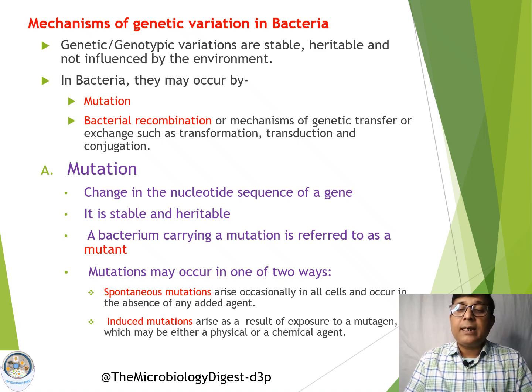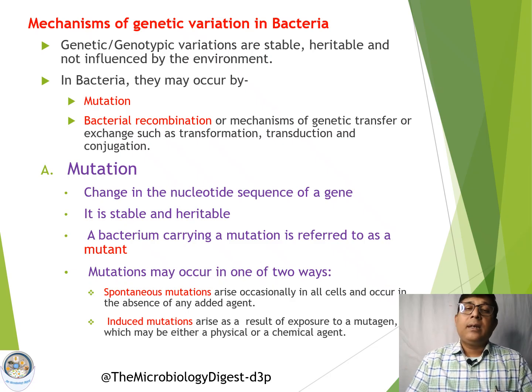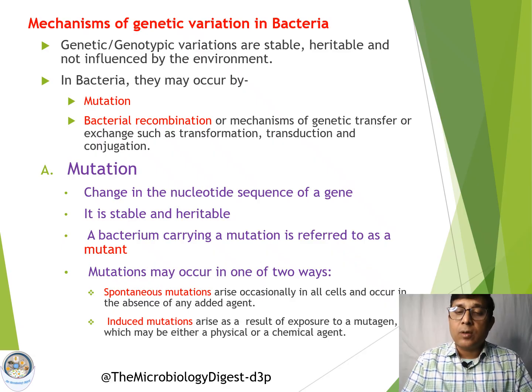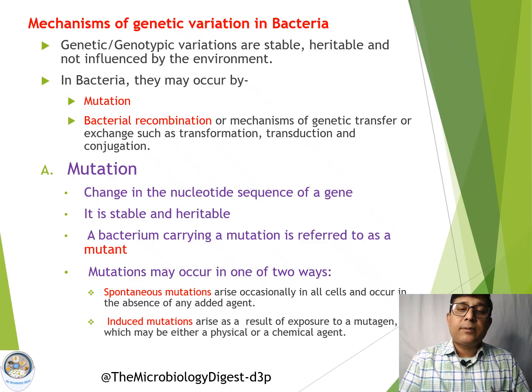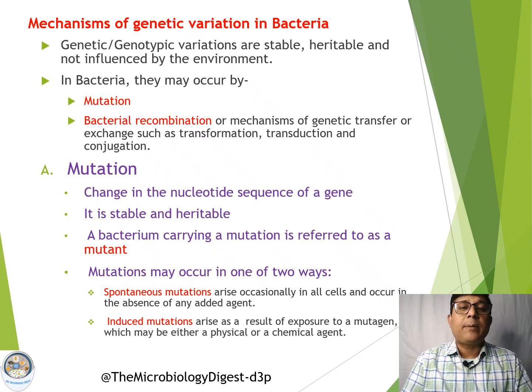So in bacterial genetics, mostly all those mechanisms will be discussed through which genetic variations occur in a bacterial population. Okay, so generally genetic variations in case of bacteria, as we have already discussed, these genotypic or genetic variations are stable variations, they are heritable, and they are not influenced by environmental factors.